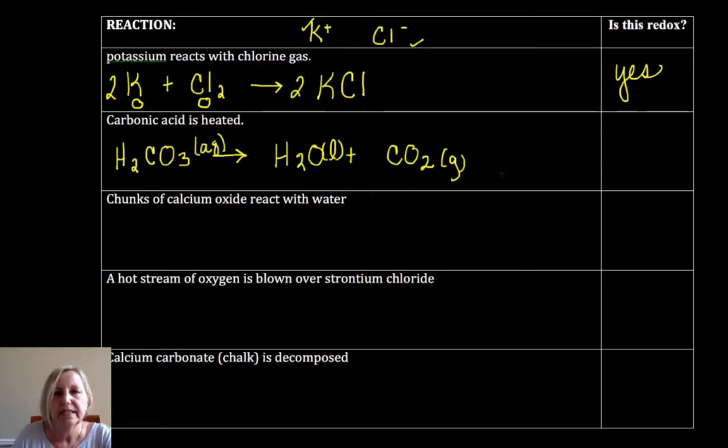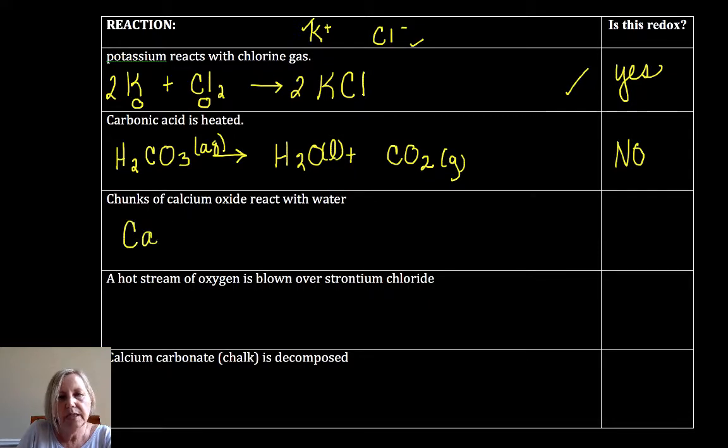So that tends to be an equilibrium depending on the pressure, which way it goes. This one is actually not a redox. And I don't think you would have to identify that if you were in 10th grade unless your teacher covers oxidation numbers. If you assign oxidation numbers to these, you would see that none of them change. But for sure, you can tell by the element going in and out.